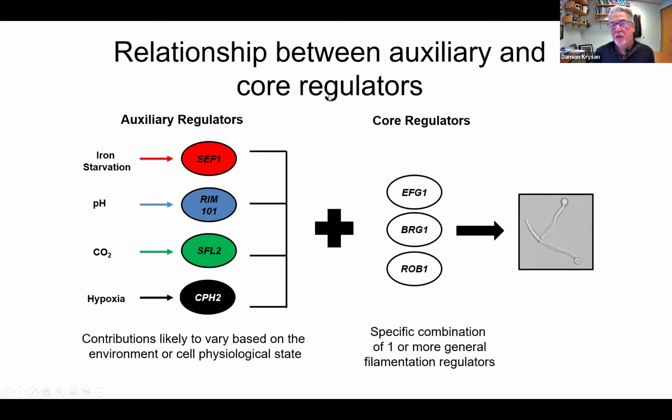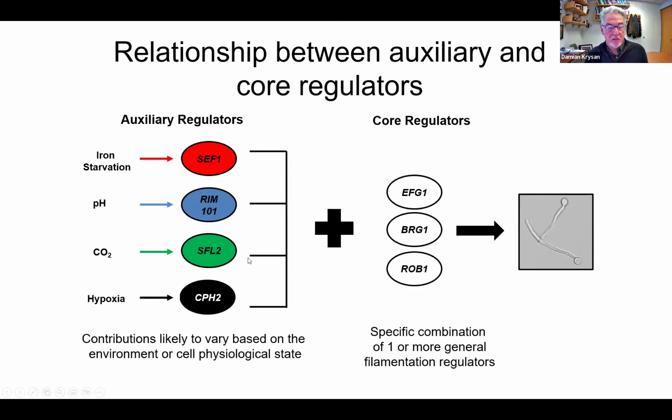So the relationship between the auxiliary and core regulators that we propose, at least to explain some of this data, is that the auxiliary regulators typically are responding to specific environmental conditions in the host. Things like iron starvation with CEP1, pH with RIM101, hypoxia with CPH2.